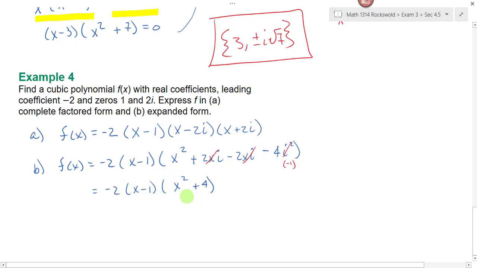We're not done because I still have a binomial times a binomial here that I can FOIL out. So when I multiply this out, when I multiply my first terms together, that's going to give me x cubed. When I multiply my outside terms together, that's going to give me plus 4x. When I multiply my inside terms together, I get minus x squared, and when I multiply my last terms together, I get negative 4.